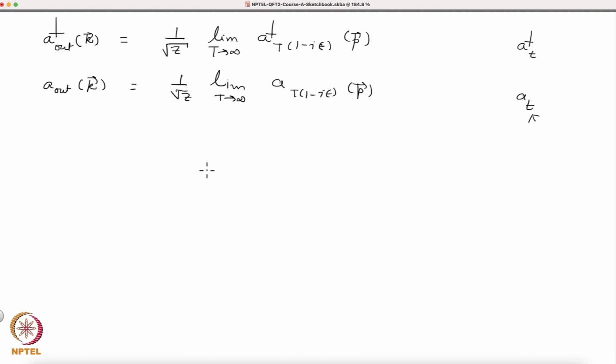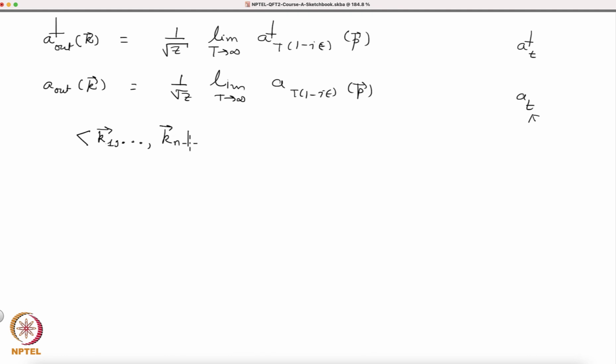And once you have done that, you will arrive at the following conclusion. I will write this in the bra form, not in the ket form, because that is what we are going to use when we write down the S matrix.